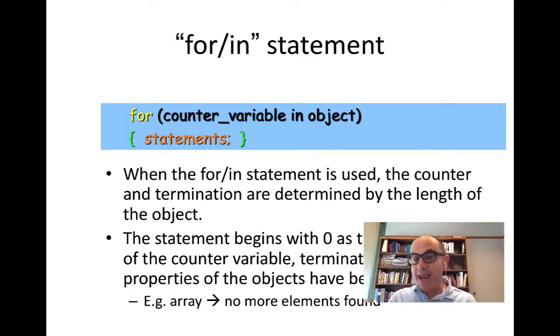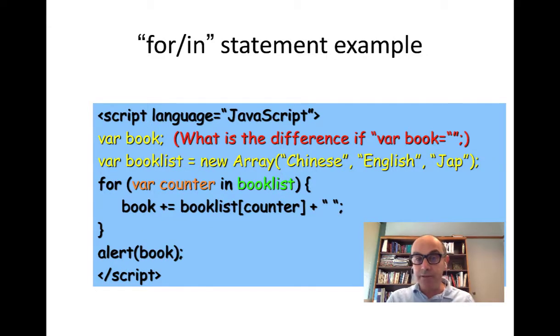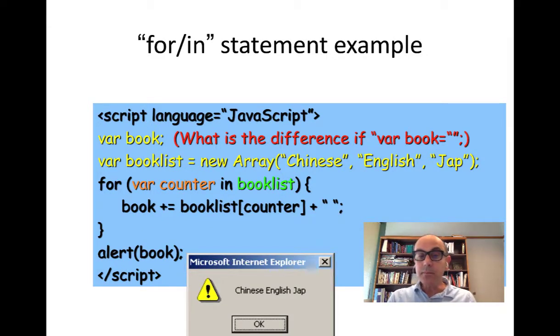So I give you an example of that, and in this case, Chinese, English, Japanese, and what goes on here. So let's look at the variable book. What is the difference if the variable is book? And we are going to give an array of languages: Chinese, English, and Japanese.